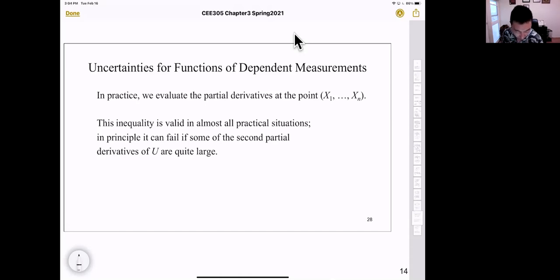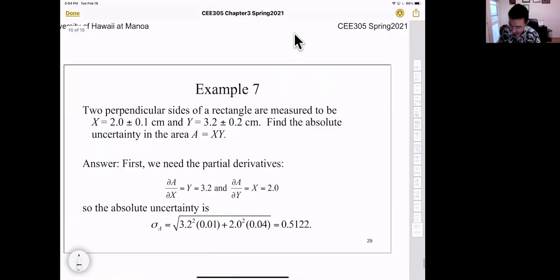This is about more words on uncertainty for the function of dependent measurements. And lastly, let's look at an example.